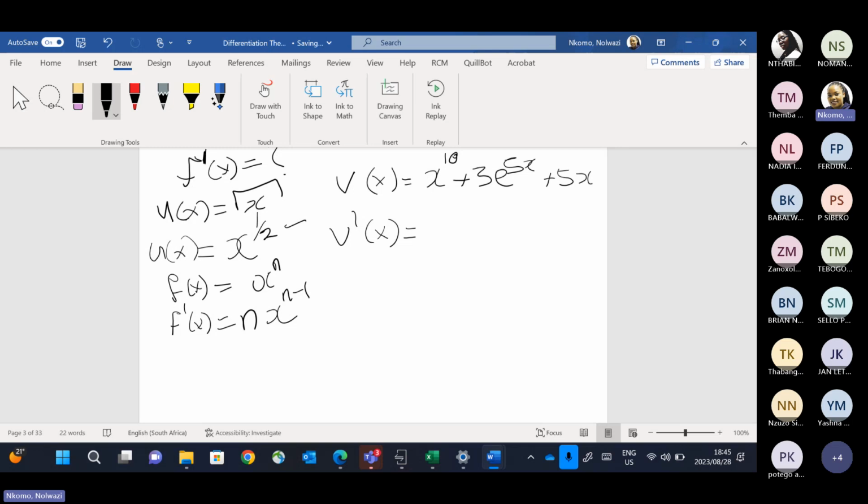If you compare these two, you notice that your n is equal to 1 over 2, right?